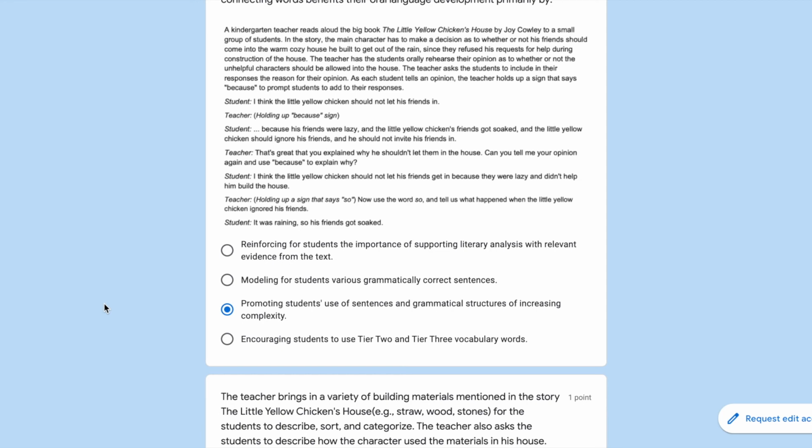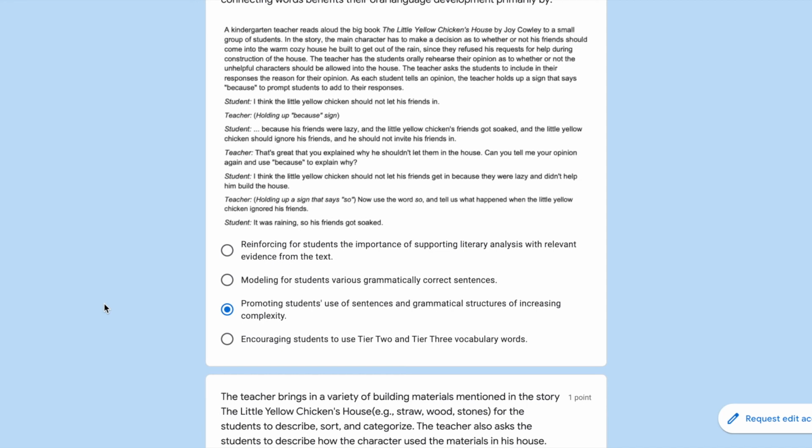Once the student offers the cause or the reason for the stated opinion, the teacher prompts the student into creating a more complex sentence using an appropriate conjunction or connecting word, which is because or so.